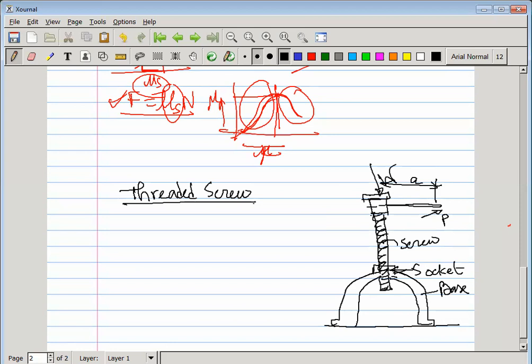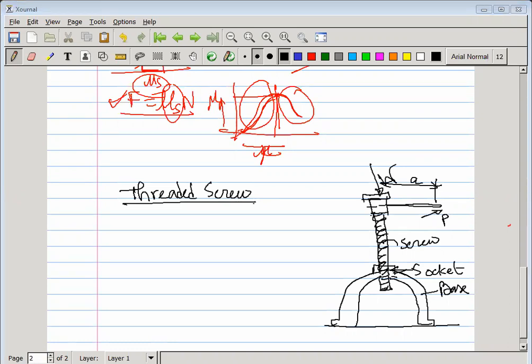Now, screw threads are frequently used, for example in the jack and in the press. The analysis is similar to a block on an inclined plane, and recall that the frictional force does not depend on the area of contact.